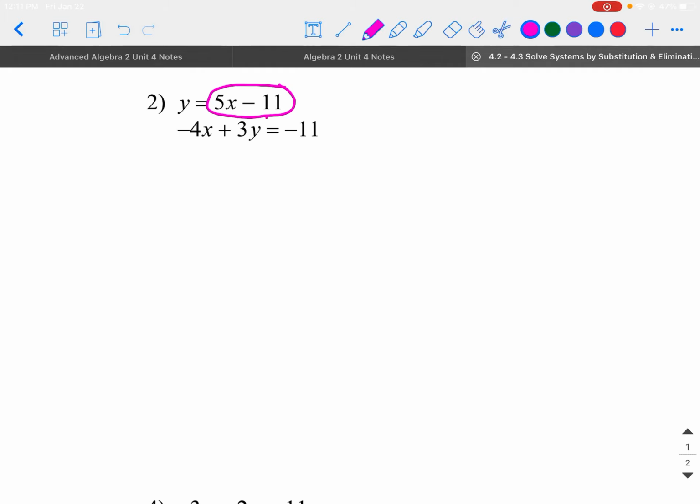I circled 5x minus 11, and I'm going to substitute that in for the y of the other equation. So that other equation becomes negative 4x plus 3. I don't write y because I'm taking the y out and putting in 5x minus 11. And that's equal to negative 11.